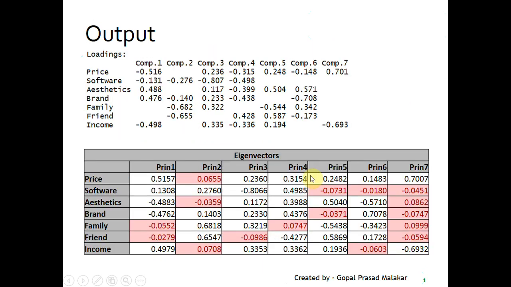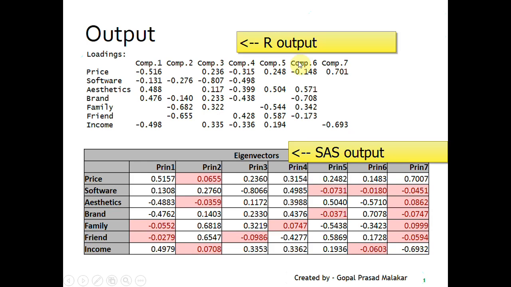Now the next thing: you see the loadings that have come here, and you will find that in some places it has not populated. If you look at SAS, you'll realize that those places have very small loadings. You'll figure out that anything less than 0.1 in absolute value, R suppresses intrinsically. So everywhere it is less than 0.1, it is not showing.